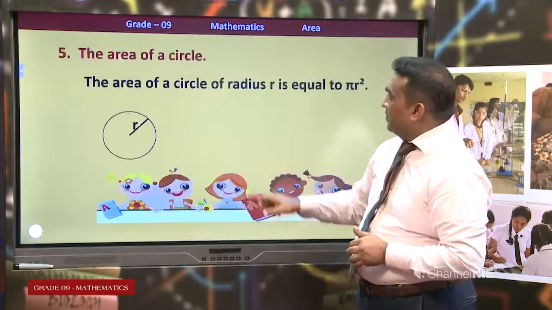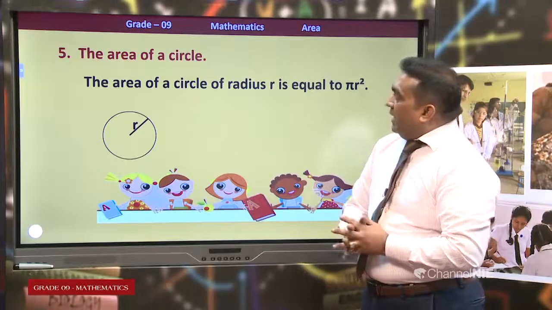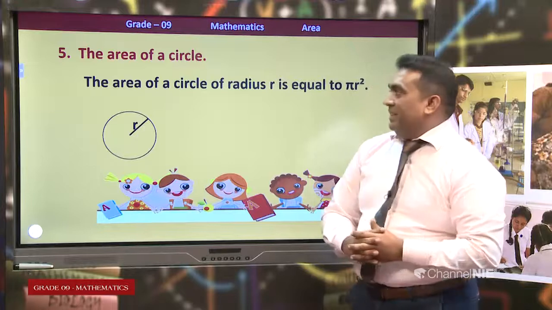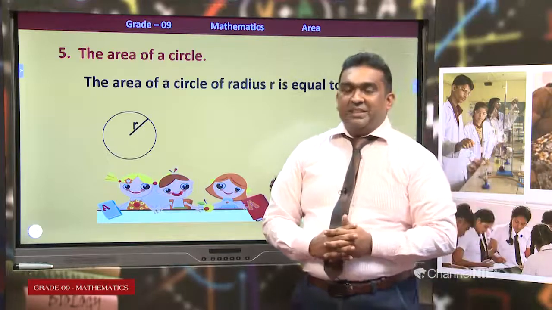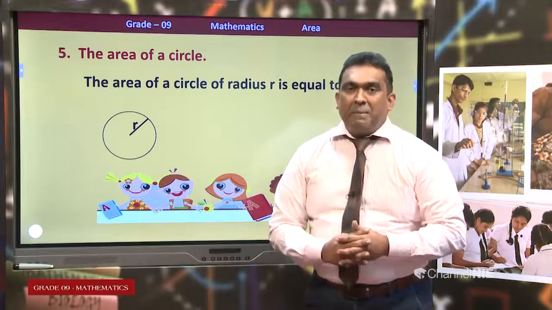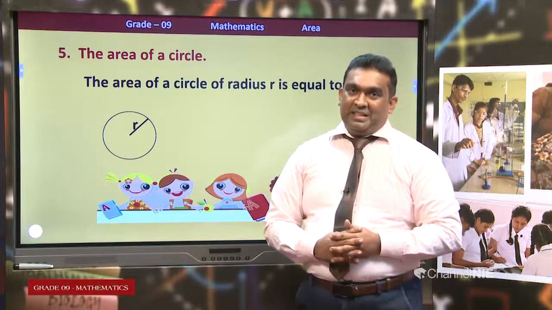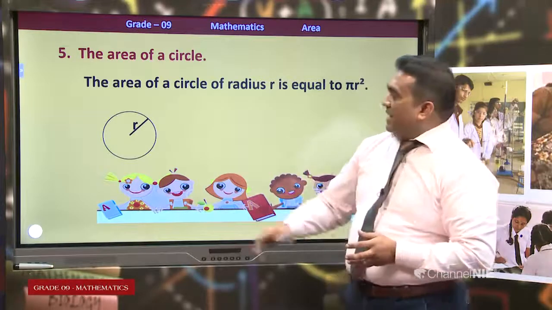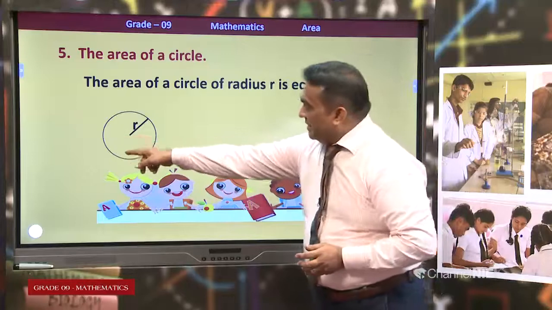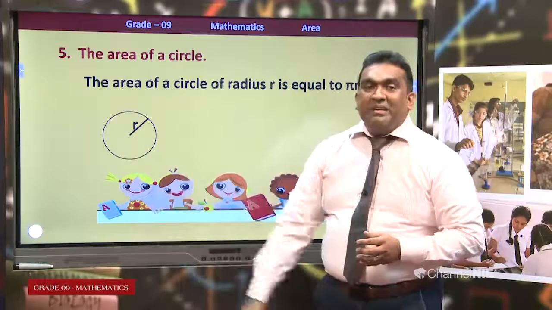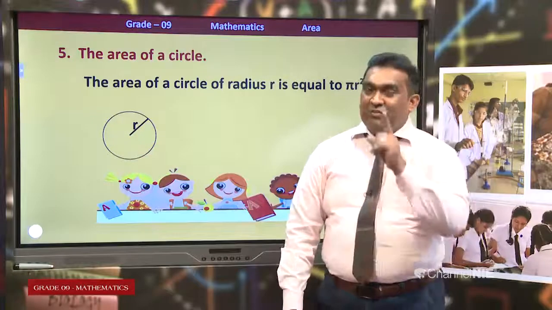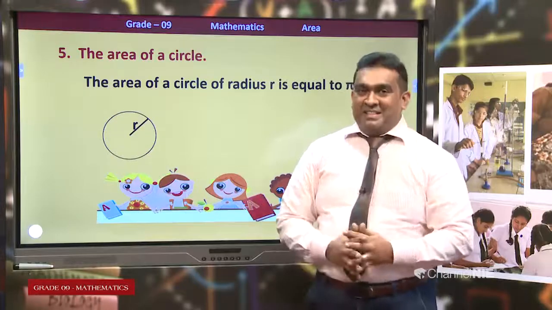Then area of a circle. This is our last plane figure, the circle. This is a circle. Can you remember in grade 6 class, your first lesson, circles?